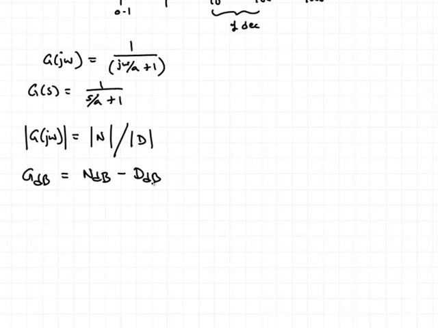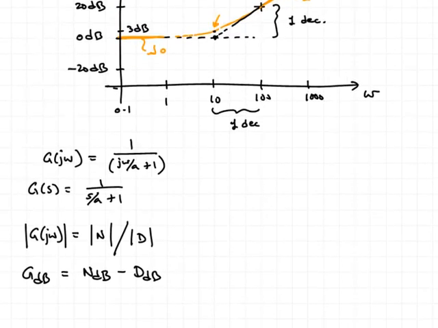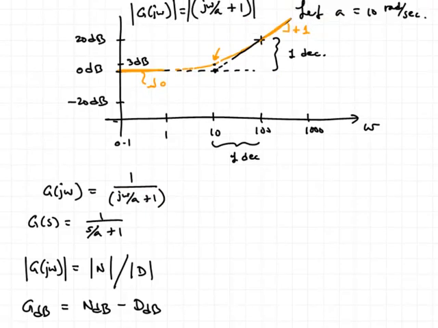So I already determined what the magnitude plot looks like of a j omega over a plus 1 term. That's this guy right here. All right? And now this new transfer function simply has a magnitude that's opposite in sign to that.